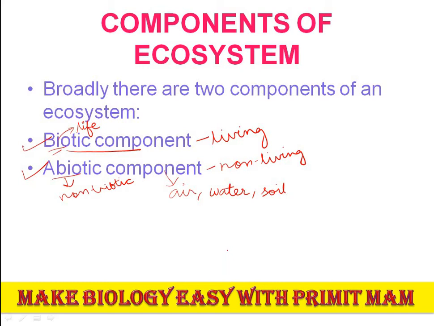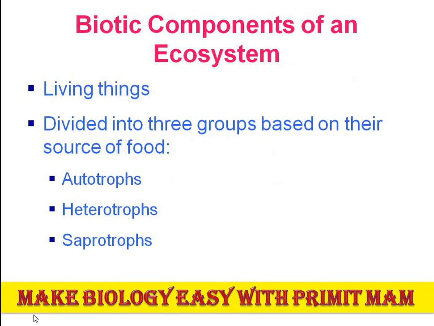Now, we will talk about biotic components in a little more detail. We will see further classification of biotic components. Living organisms are classified into three groups based on how they derive their food from the environment.